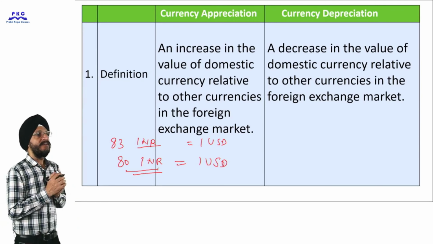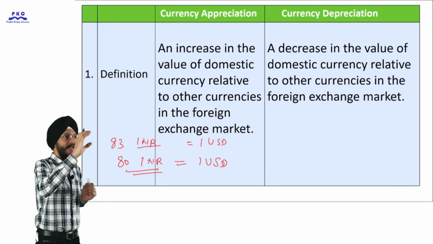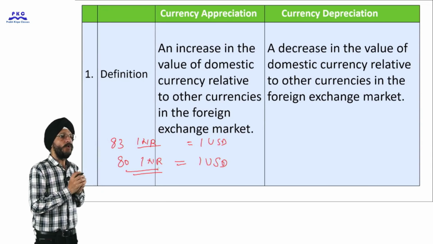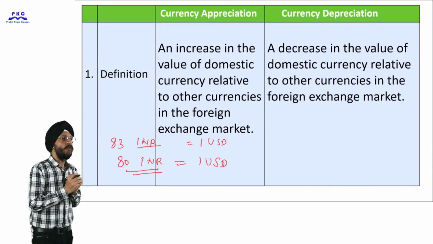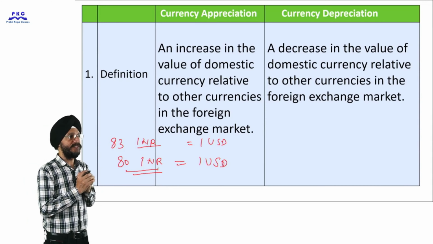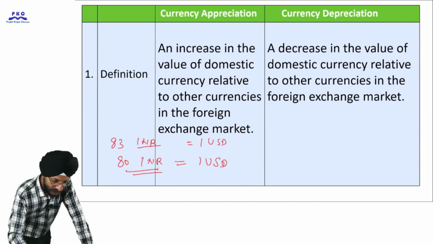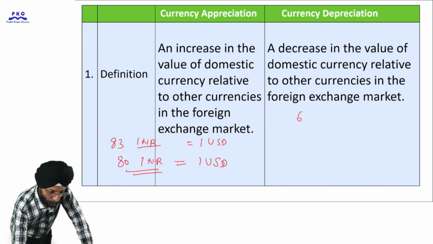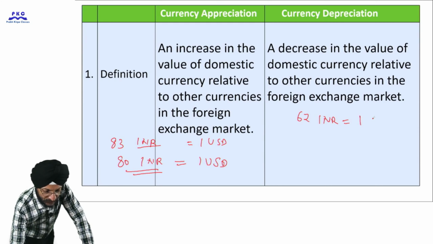On the other hand, currency depreciation means depreciation in the value of domestic currency relative to other currencies in the foreign exchange market. At present, we have to pay approximately 62 Indian rupee to get one Canadian dollar.